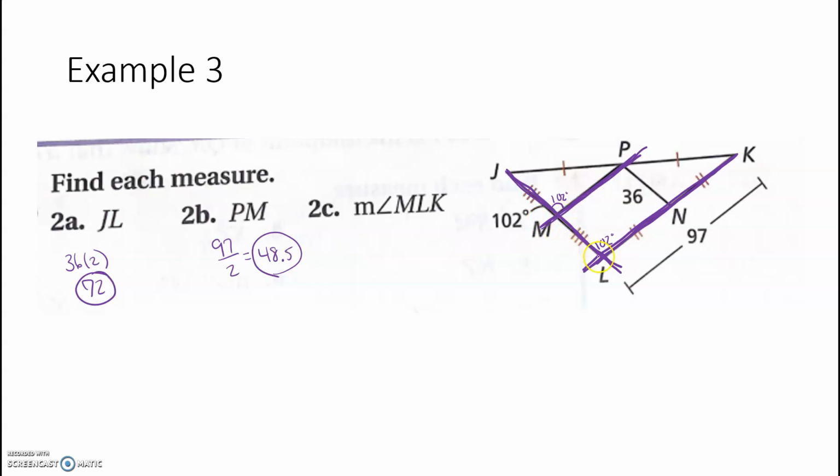So we have angle MLK is 102 degrees because they're corresponding. So you will have to use those parallel lines cut by a transversal, but 9 times out of 10 it's corresponding or alternate interior.